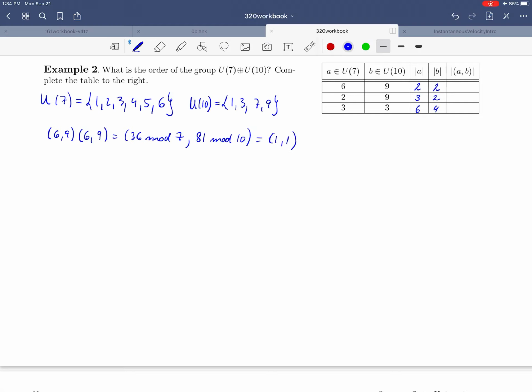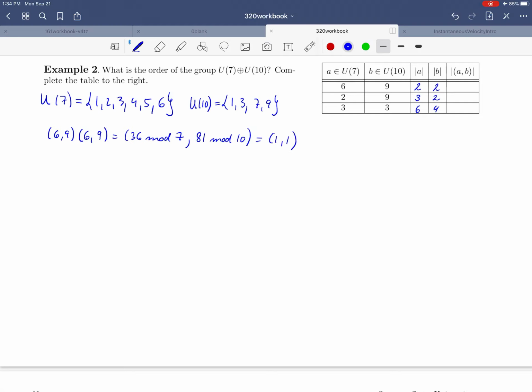So that's the identity in U7 plus U10. So this tells us that the order of 6, 9 is 2, since I only had to square it to get the identity. So we can fill in the order of A, B in our external direct product is 2 for 6, 9.